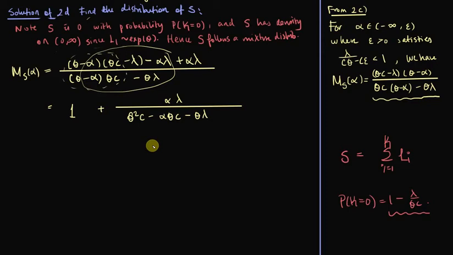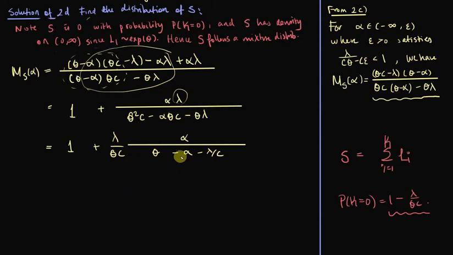And recall that we're pretty interested in trying to find some expression where lambda divided by theta c is there. So let us try and get some lambda out of this expression. So I can take this lambda out. And let us also try to get a theta c out of this expression. Well, if I take theta c out of each term in the denominator, what I get is theta minus alpha minus lambda divided by c, right?